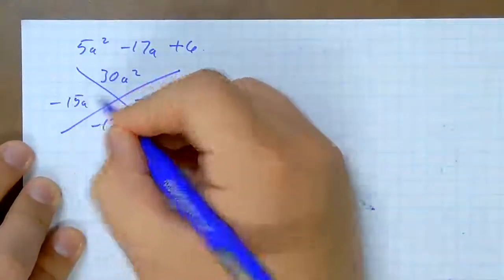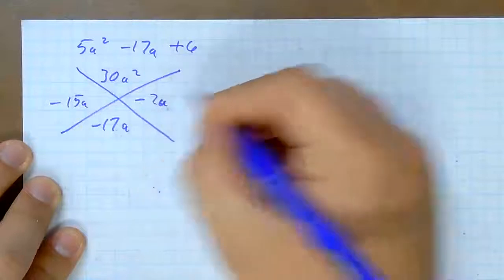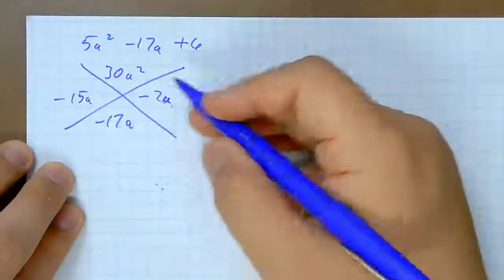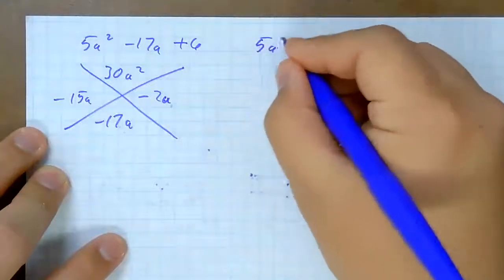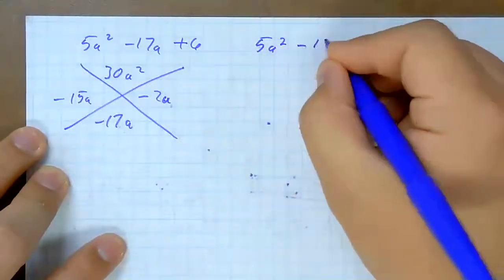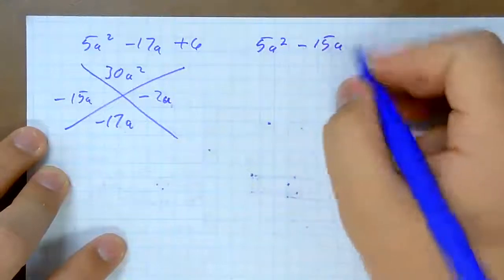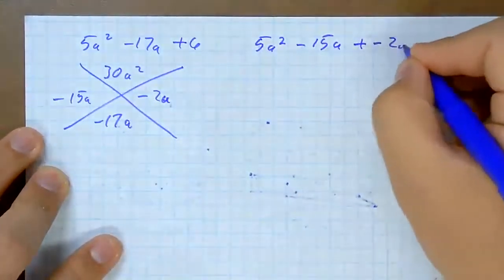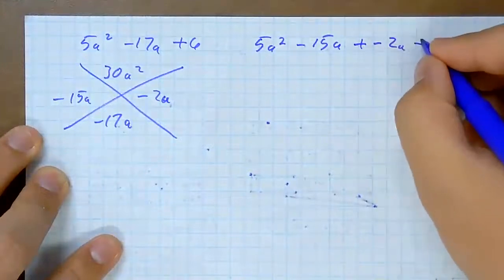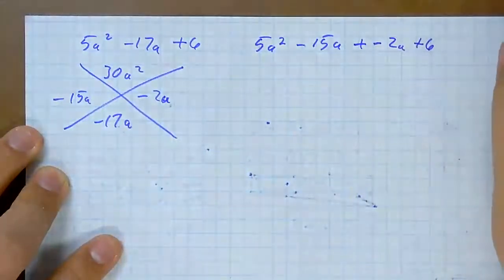So what multiplies to 30 and adds to 17? 15a and 2a. Okay, so as we rewrite this, we have 5a squared minus 15a. At this point, we want to write it as plus negative 2a plus 6.